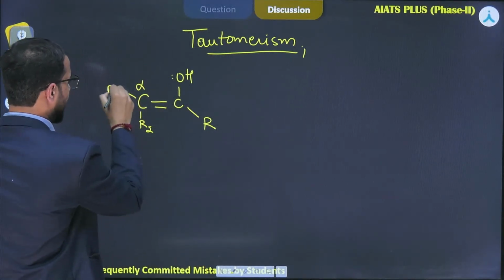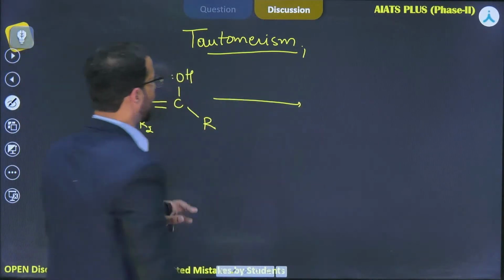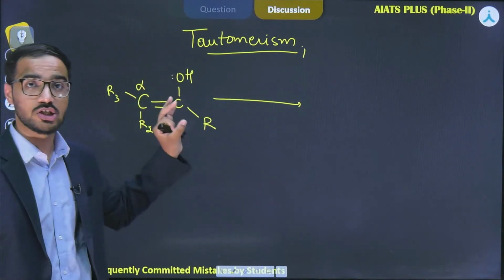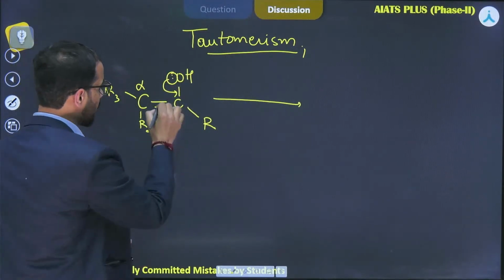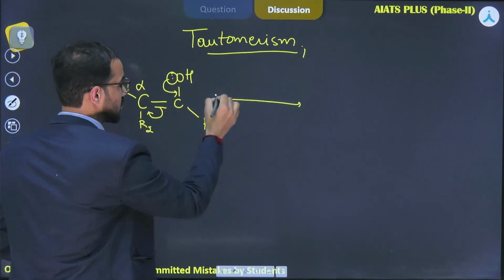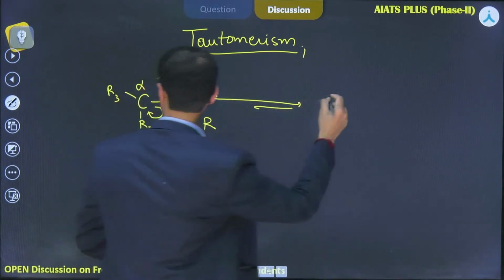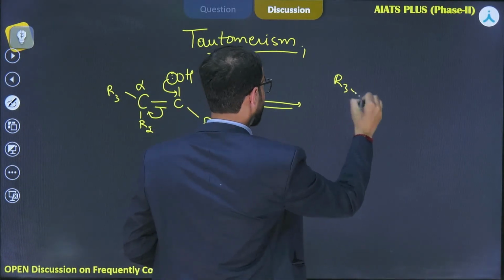R2 and R3. The lone pair of the oxygen will migrate to this position, and this will be in a kind of equilibrium.